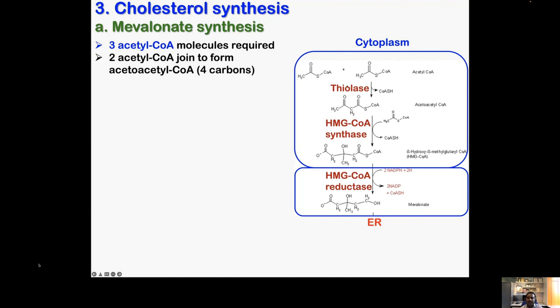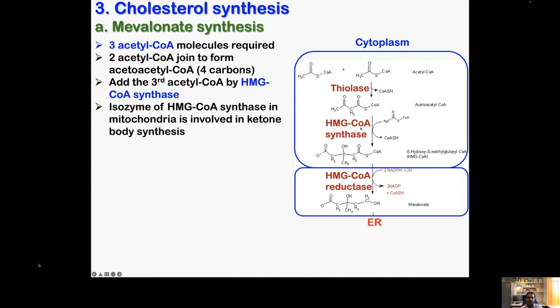The thiolase enzyme combines these two acetyl-CoA, liberating one coenzyme A. Then the third acetyl-CoA is added using an enzyme called HMG-CoA synthase.